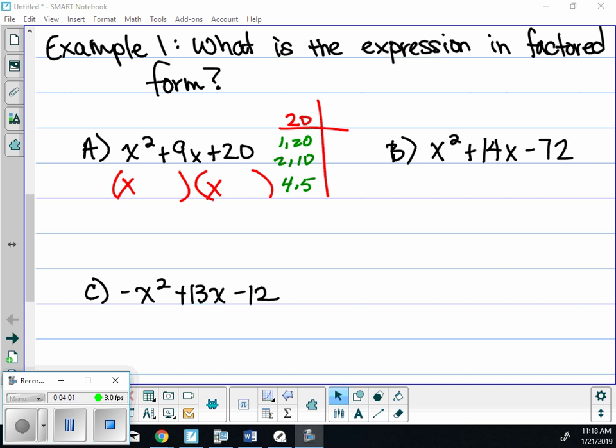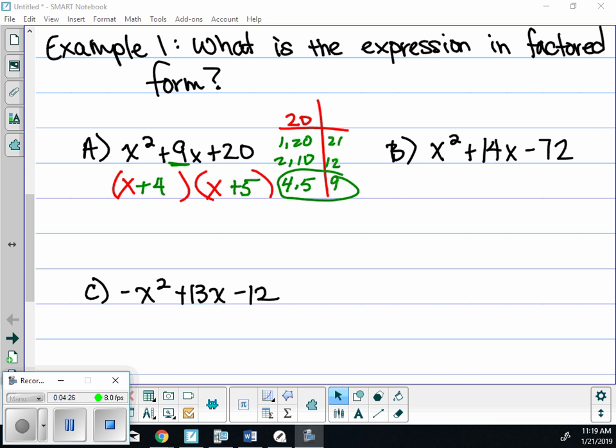Positive means same sign. Positive here means both positive. So 1 and 20 add up to 21, 2 and 10 add up to 12, and 4 and 5 add up to 9. I'm looking for the one that adds up to 9. So there are my numbers. Okay. So you find your numbers and they are both positive.